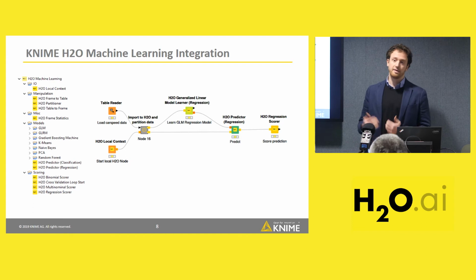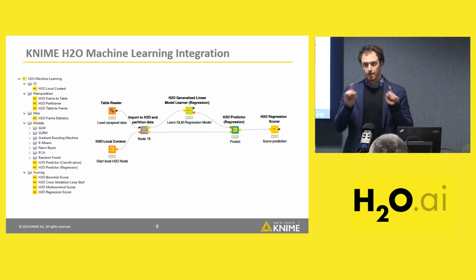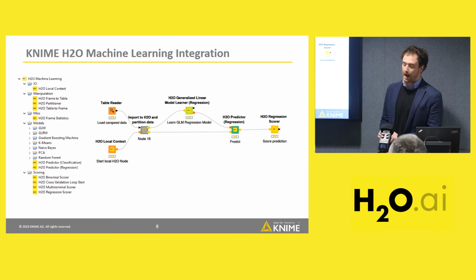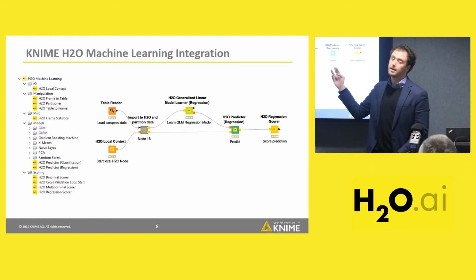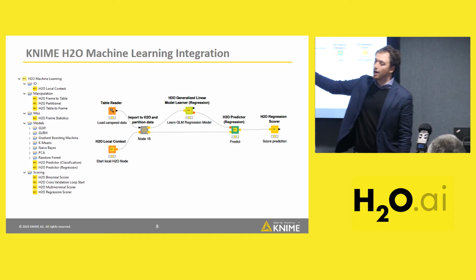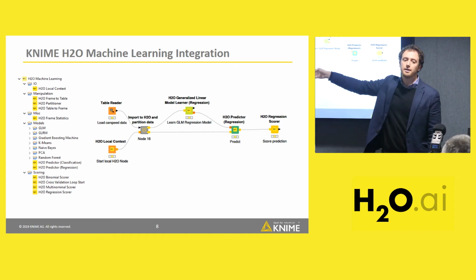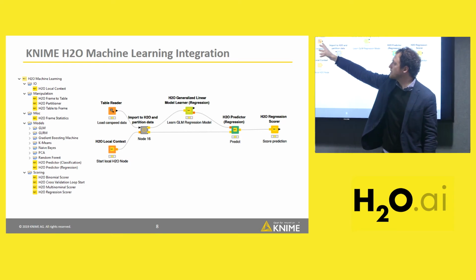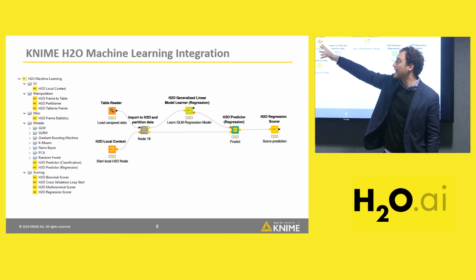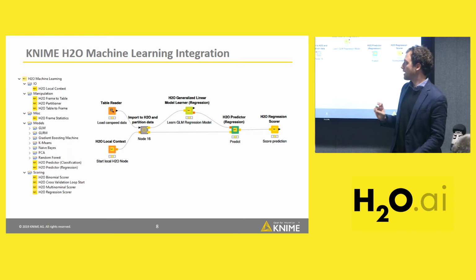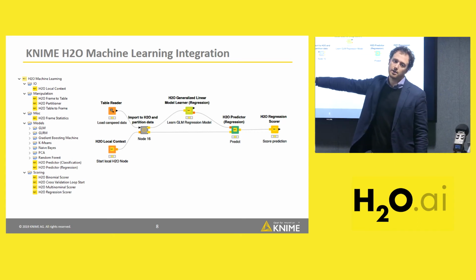So basically, it's really similar to the same format that Martin showed you before, right? You have a learner node, and then a predictor node, and then a scorer node. And you have here a way to partition the data between train and test set. The only point is that coming from KNIME, which is this black triangle, you're going to move it to the H2O frame format. And you also need to create an H2O local context.